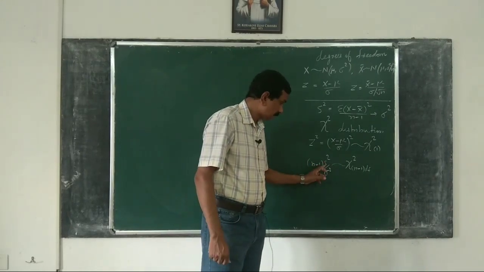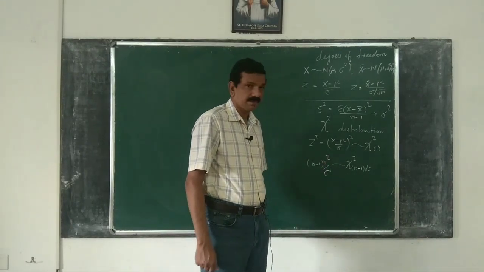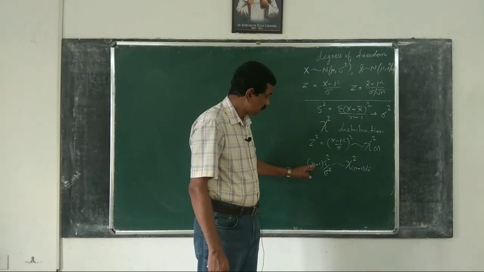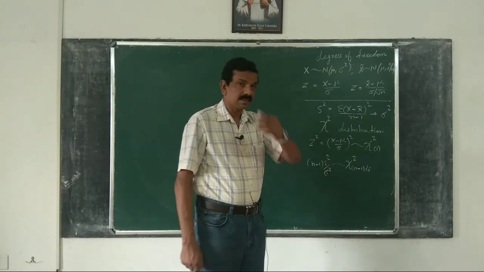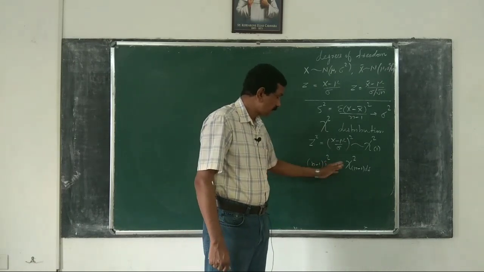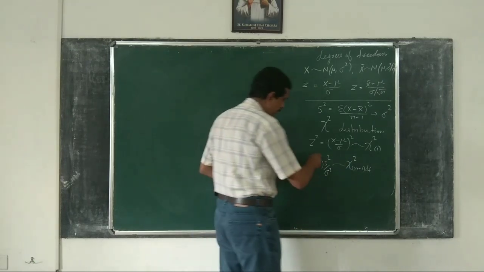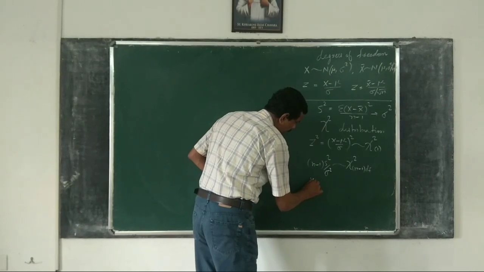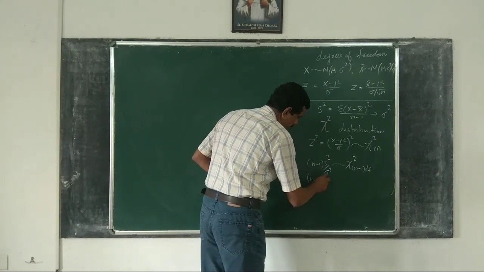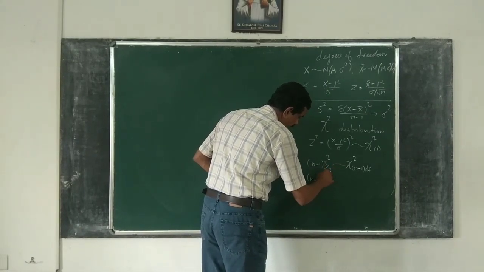And if I expand this, it becomes n minus 1 into the unbiased estimator of sigma square.